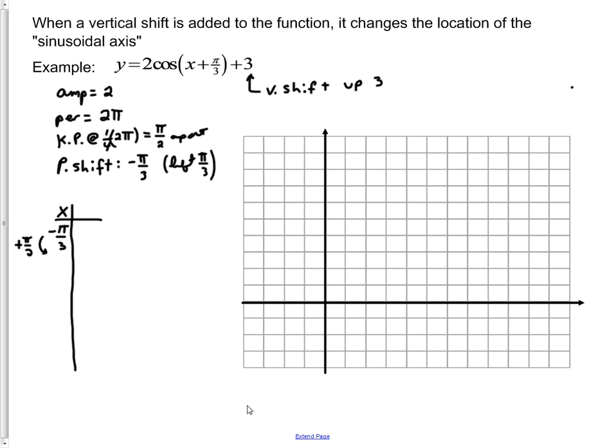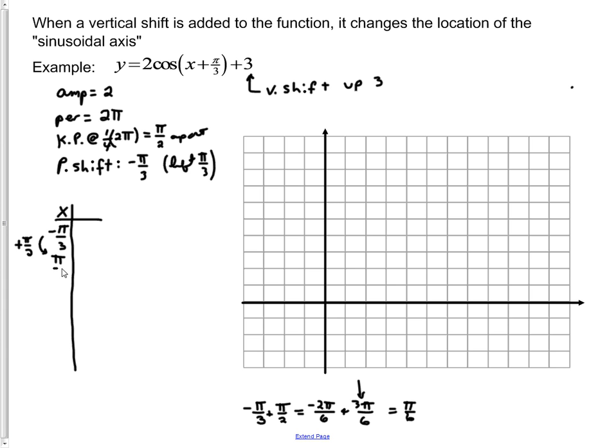If I wanted to add negative pi over 3 to pi over 2, I'm going to have to get a common denominator of 6. So we call this negative 2 pi over 6, and we're going to be adding 3 pi over 6. So the increment that we're going to be adding is 3 pi over 6, and our first key point is going to be at positive pi over 6.